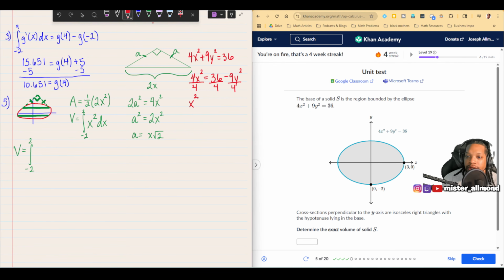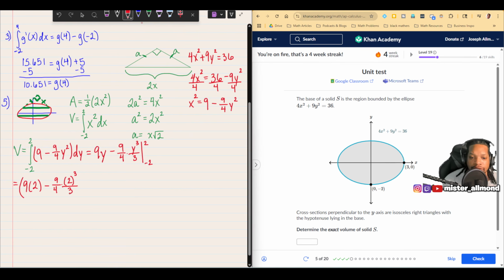So my first iteration would be 9 times 2 minus 9/4 times 2 cubed over 3. All right, minus my second iteration, which will be 9 times -2 minus 9/4 times -2 cubed over 3. Hopefully I'm doing this right.